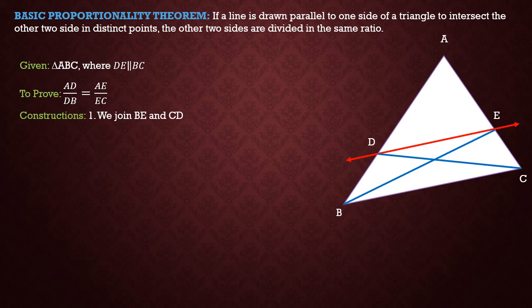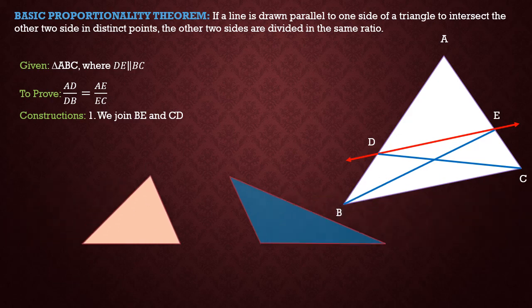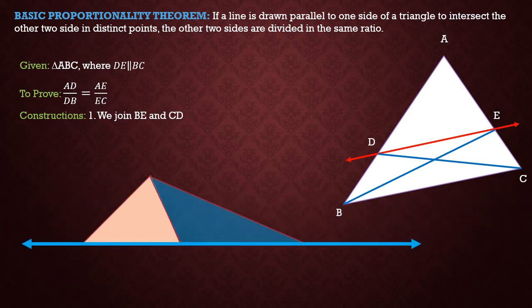Now, before going to the next part, let us recall one concept: if two triangles are lying on the same line and they have a common vertex, then their altitudes are the same.